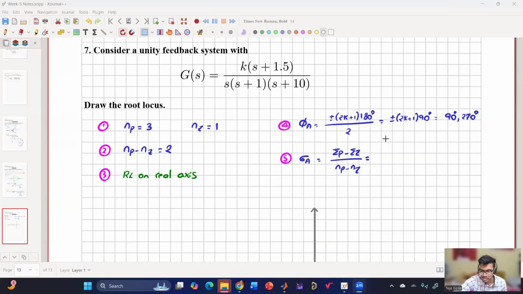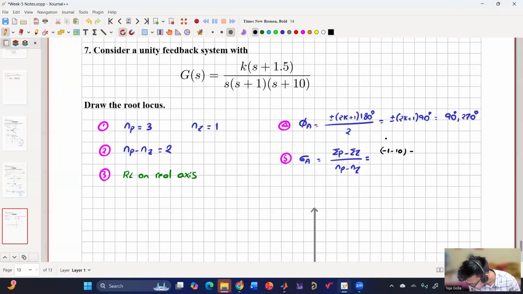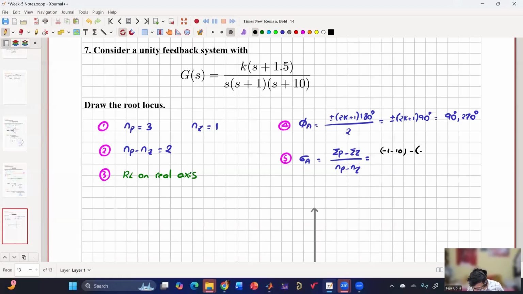Okay, I think you are making a mistake, both of you. I'll just solve it, it's almost 8. Sigma p is -1 minus 10. Sigma z is -1.5, divided by number of poles minus number of zeros, which is 2. So we'll have minus 11 plus 1.5, so it is minus 9.5 by 2, which is minus 4.75, right?